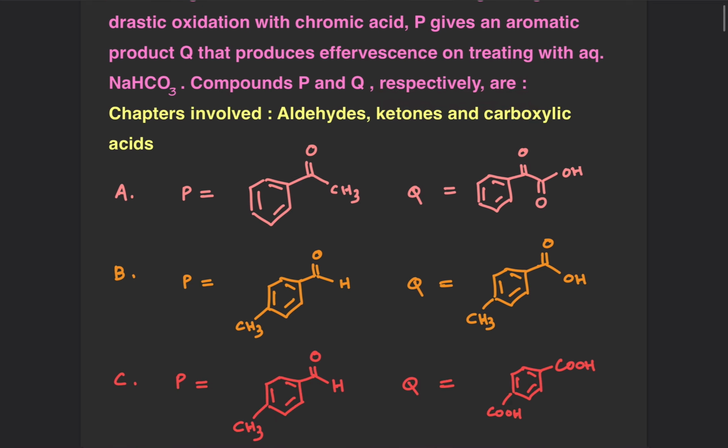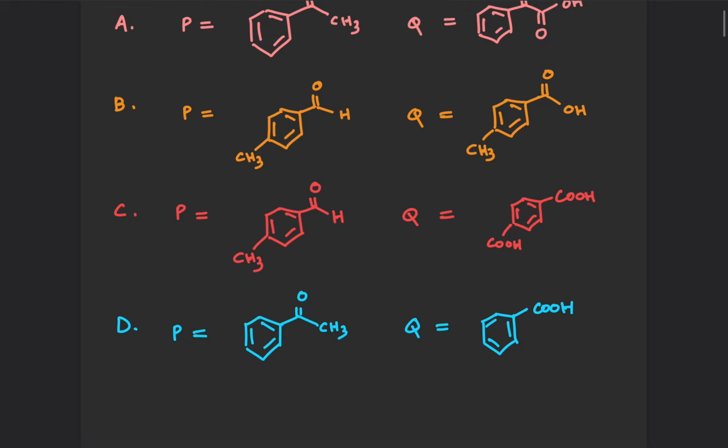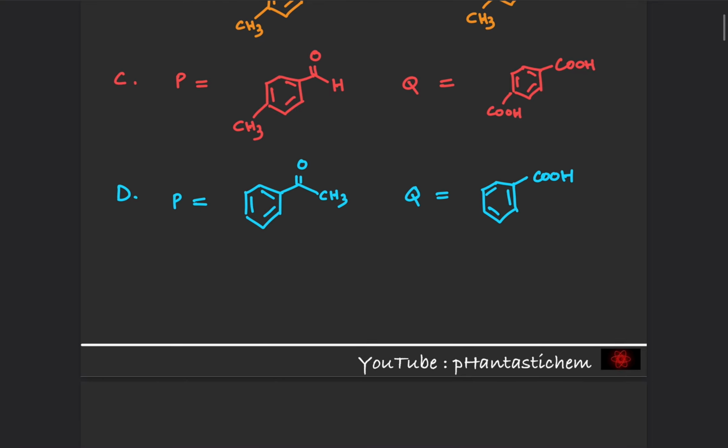So the chapters involved are aldehydes, ketones, and carboxylic acids. And these are the options. To start with, only aldehydes and ketones react with 2,4-dinitrophenylhydrazine, which is also known as DNP.